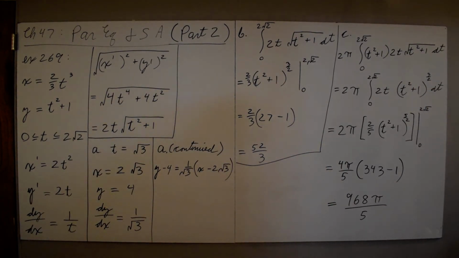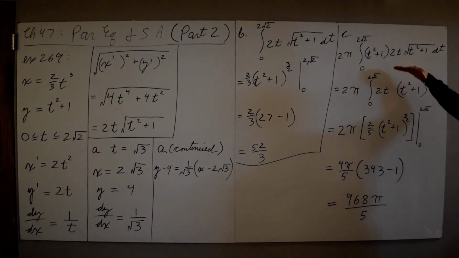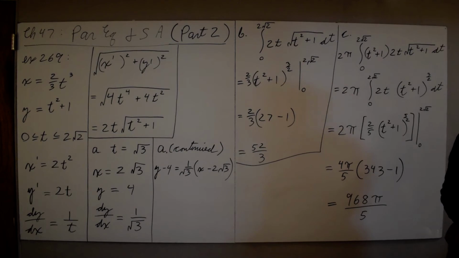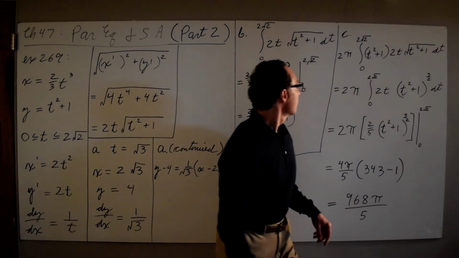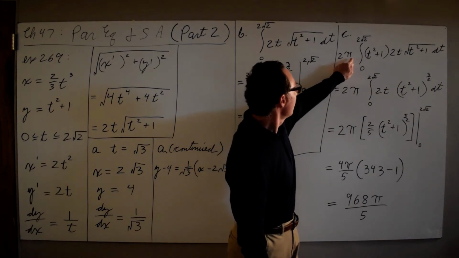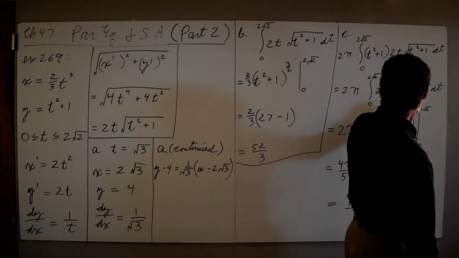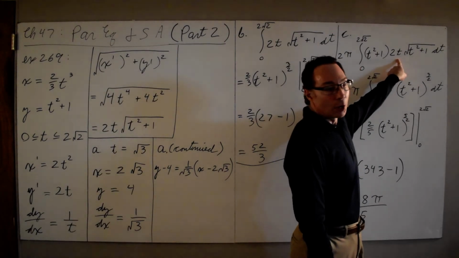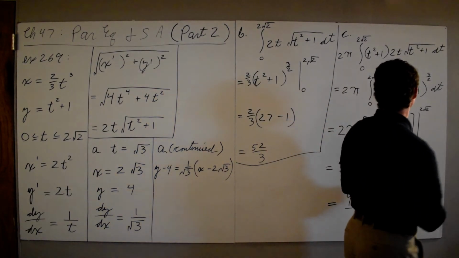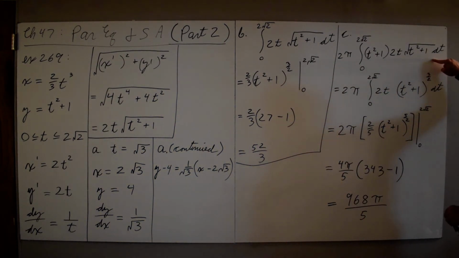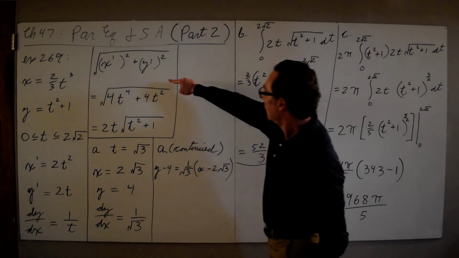And finally, the last thing we're going to do is find the surface area that we get by revolving this region around the x-axis. So we have 2 pi, we have y, and then we have our derivative of x squared plus derivative of y squared under the square root. So this part right here, we've already calculated this thing here.